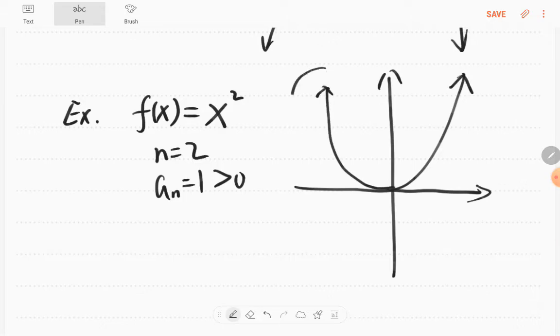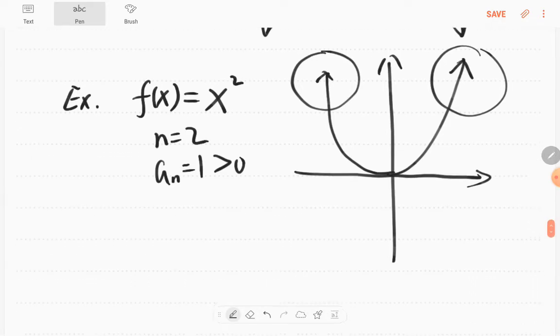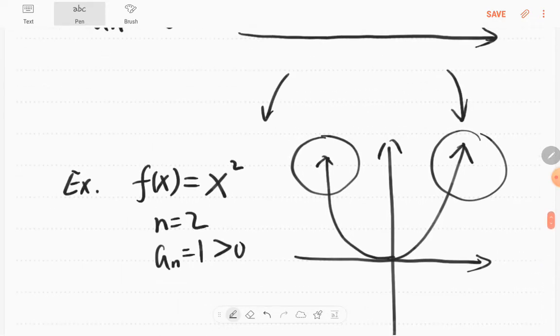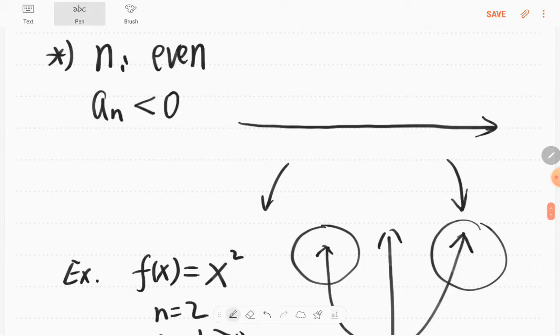So you can see start above x-axis, end above x-axis, right? But we're very curious between these two arrows, right? Between the end behaviors, the curve between end behavior.